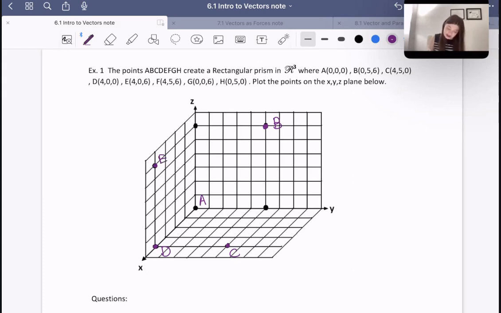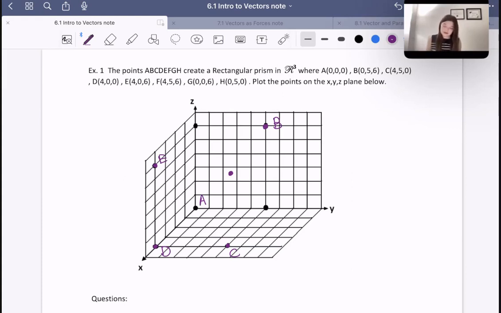Then we have F, which is (4, 5, 6). So 4 in the X direction, 5 in the Y direction, and then 6 in the Z direction. This one isn't drawn exactly. It's hard to draw, but it would be around there, let's say, outwards, which will be clearer when I actually draw the box.